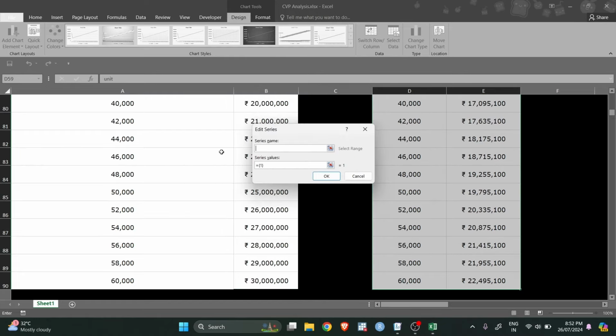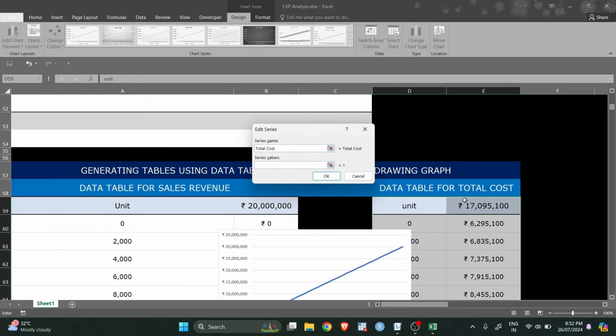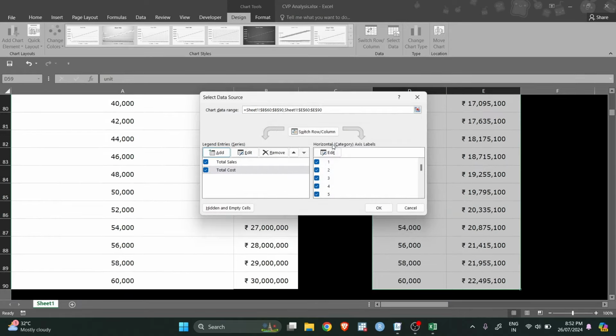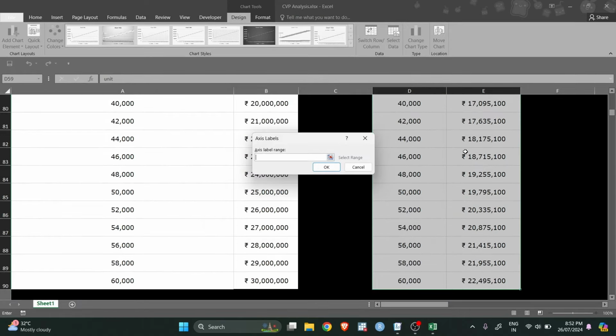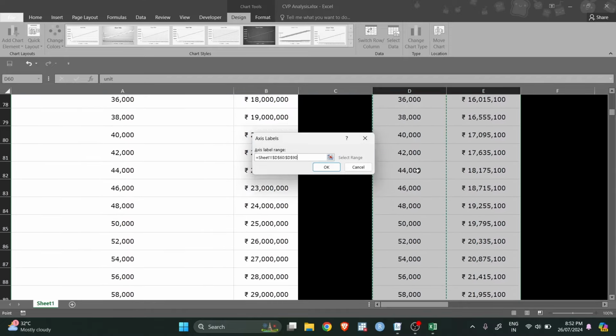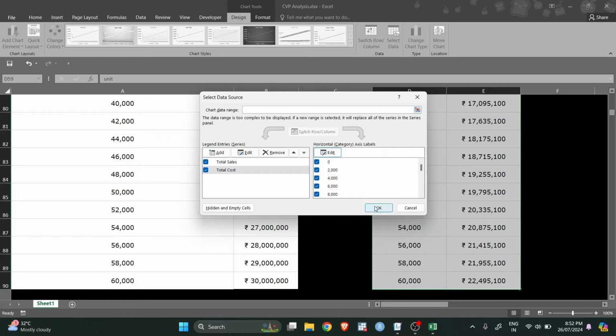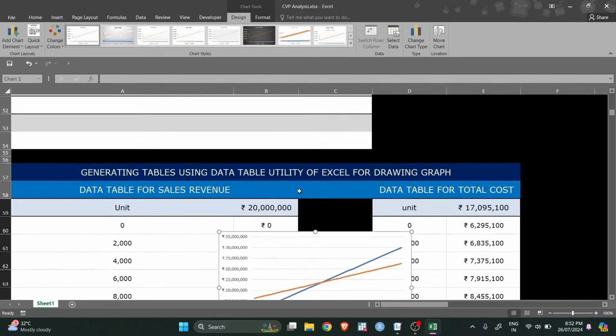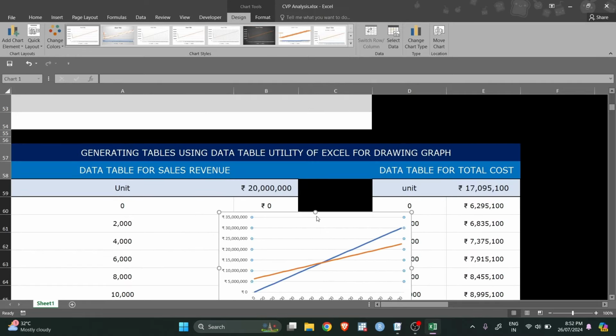Now another is my total cost. On the horizontal axis, I want my units to be shown. Hit OK. So this is the graph which we have got.